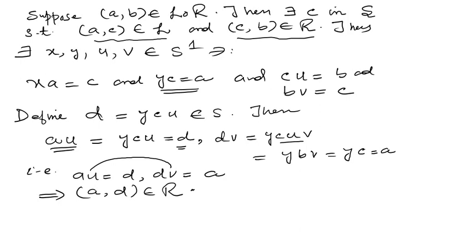Now let us see that the pair DB is in L. Now let's find this element YB.